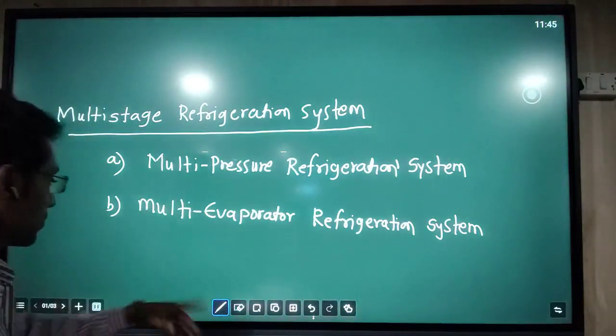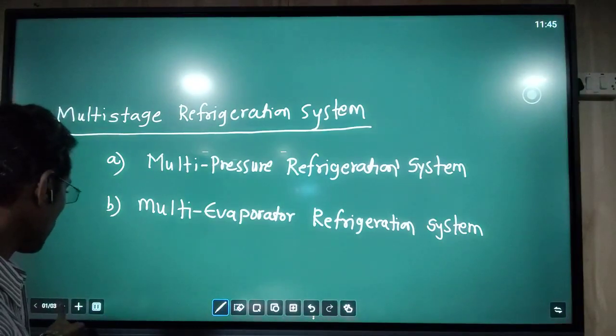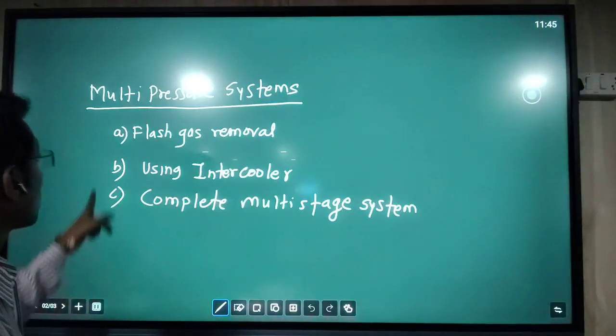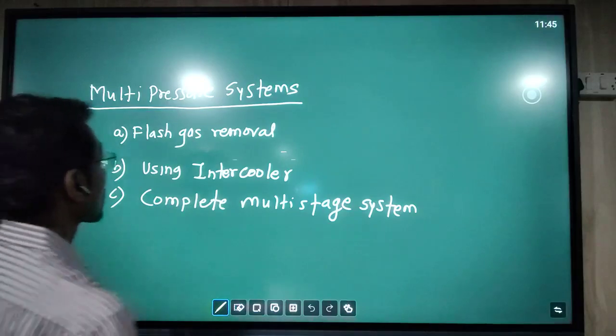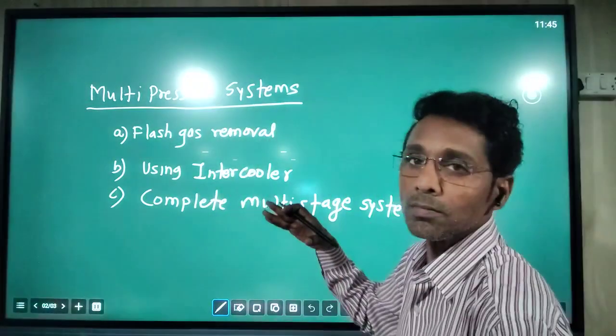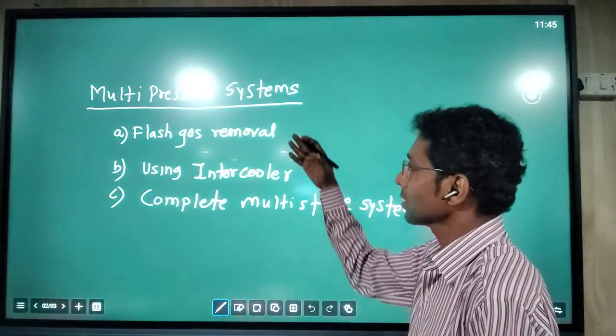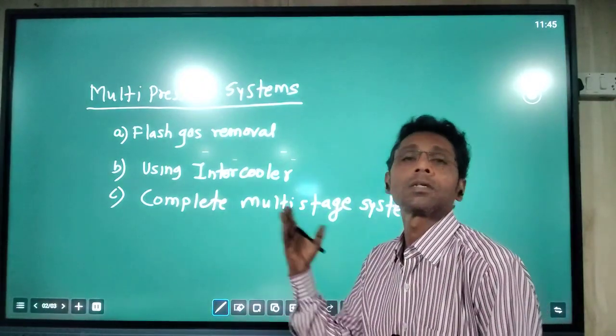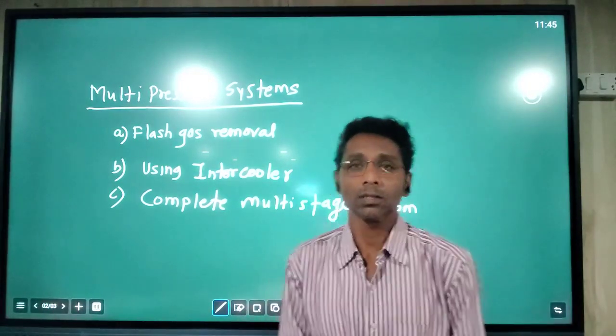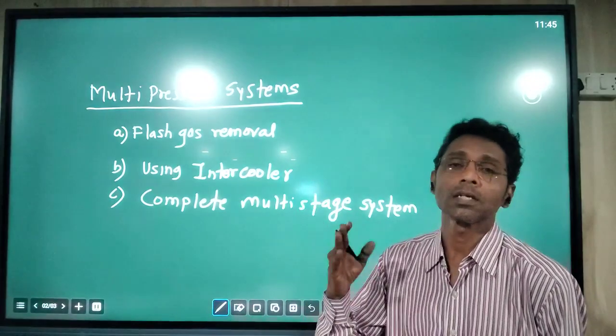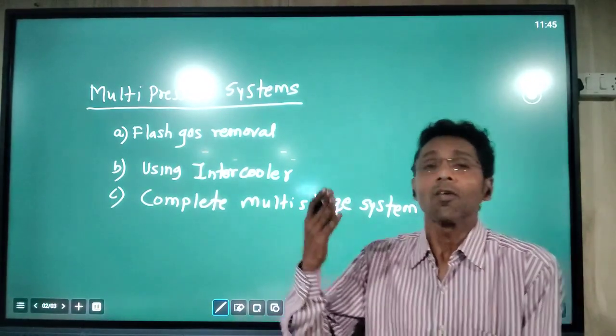Now if you look at these both systems in detail, for further classification of multi-pressure systems, there are some types or some ways. We already discussed in the last session the limitation or disadvantage of the single stage system. What is that? Flashing.